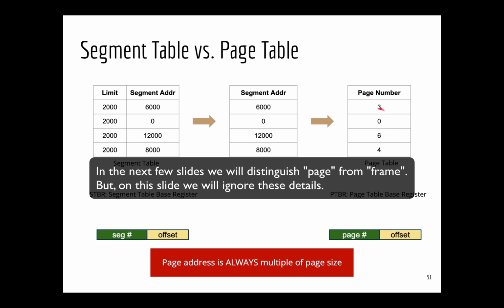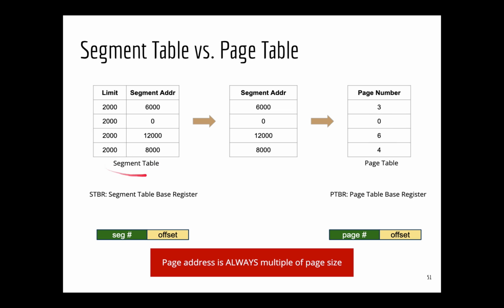So now these numbers refer to the page number. This number is not the beginning address of each segment, but what we call the page number. So we are transitioning from a segment table into a page table.